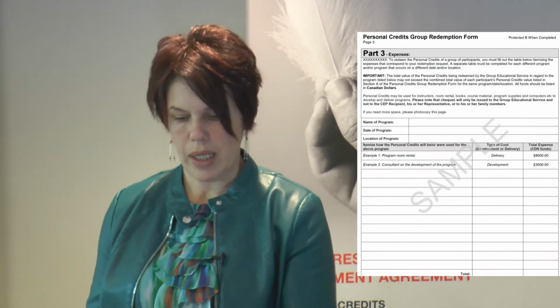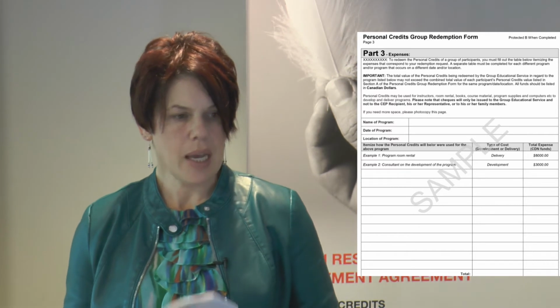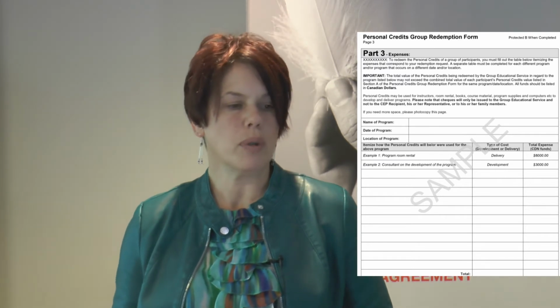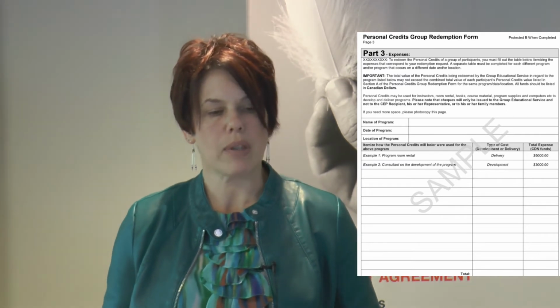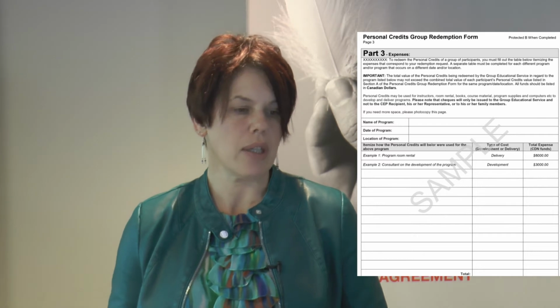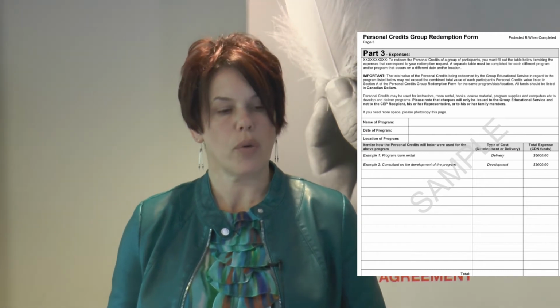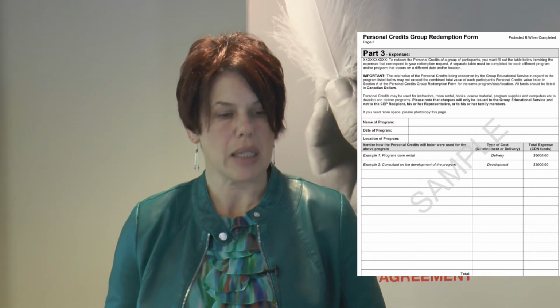Okay, so on the next page, page 3, part 3 talks about the expenses. And it says, personal credits may be used for instructors, room rental, books, course material, program supplies, and computers, etc., to develop and deliver programs. Program supplies include those required for on-the-land activities, and we're going to go through and talk about the budget in a minute.